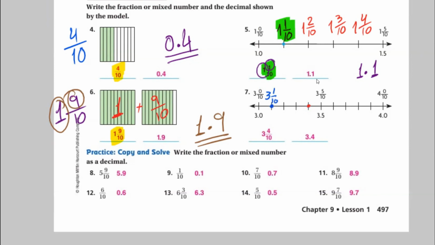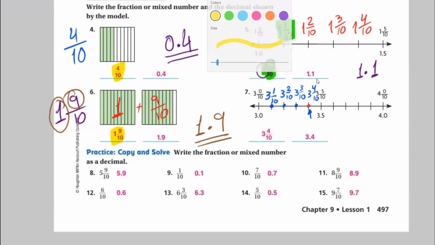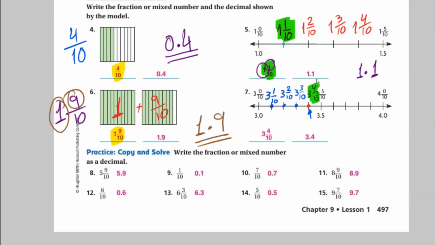After that, this one will be 3 and what? 3 and 2 over 10. The next one, 3 and 3 over 10. And this one will be 3 and 4 over 10. Great. Let's write it here.